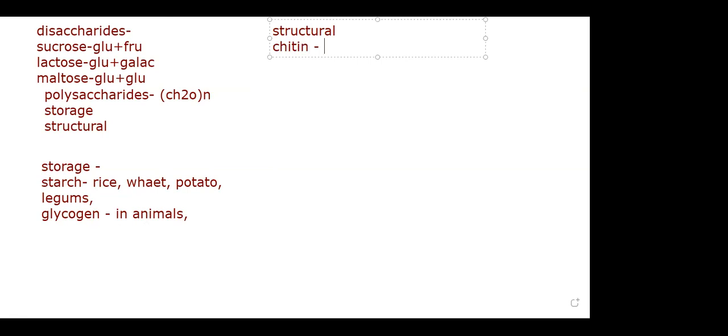Chitin is a polysaccharide found in the exoskeleton of insects, crabs, and prawns. It is similar to cellulose, but it has N-acetyl glucosamine. Next, cellulose.